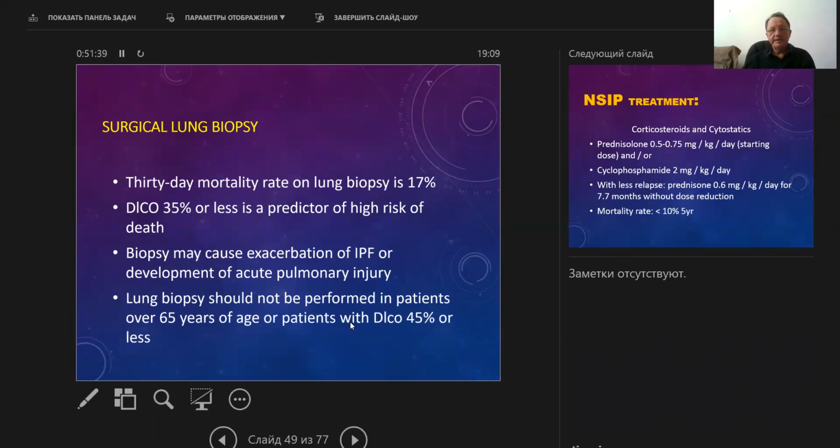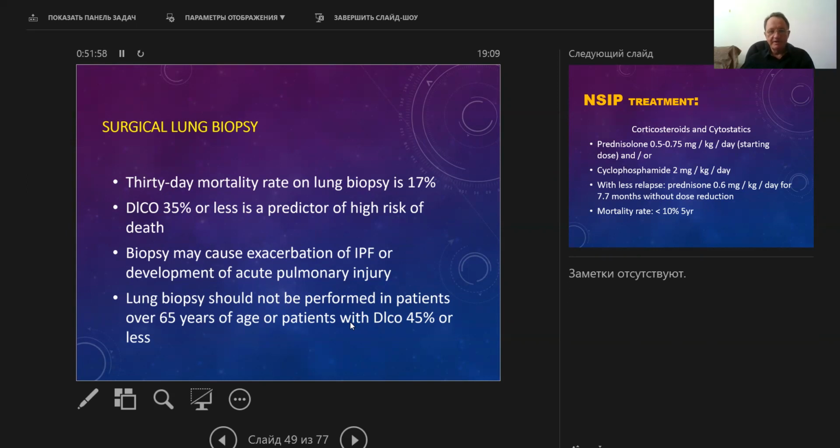So, if we detect ground glass opacity, in many countries national recommendations suggest a surgical lung biopsy.